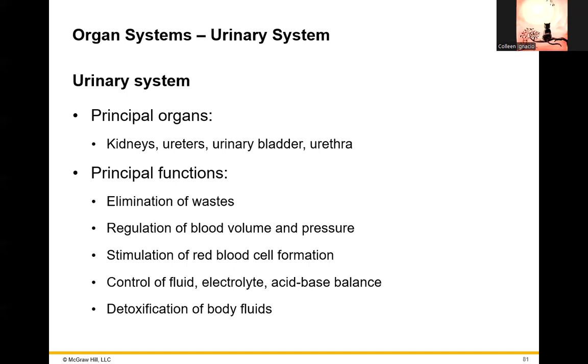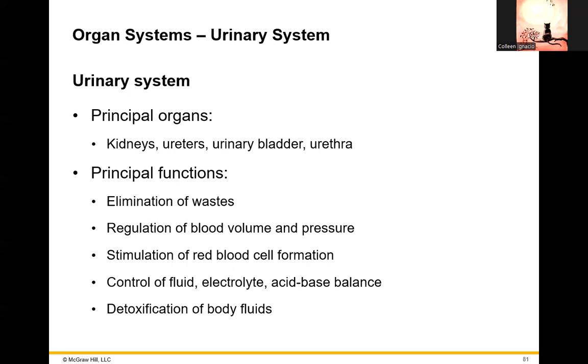Fun fact, females have a shorter urethra than males, and this puts us at greater risk for urinary tract infections. So the functions of the urinary system is to help eliminate waste, regulate blood volume and pressure. It helps to stimulate red blood cell formation with the secretion of the hormone erythropoietin.